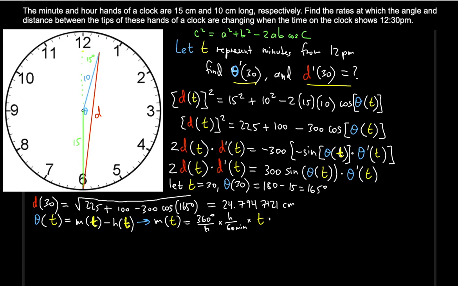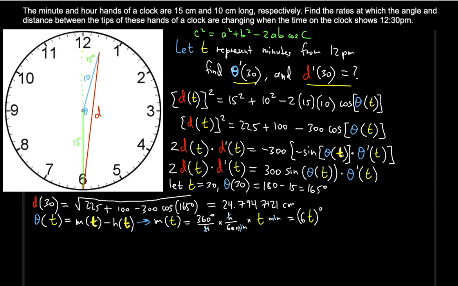You will have crossed out the hours and the minutes, and only will have the degrees as a function of t. So this is equal to 6t degrees.